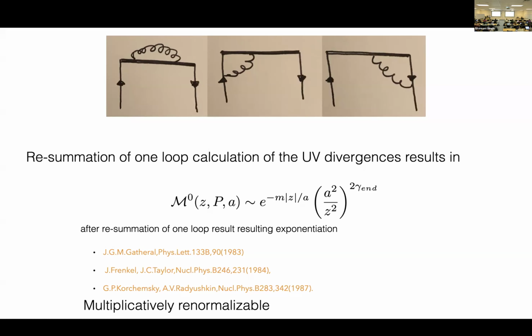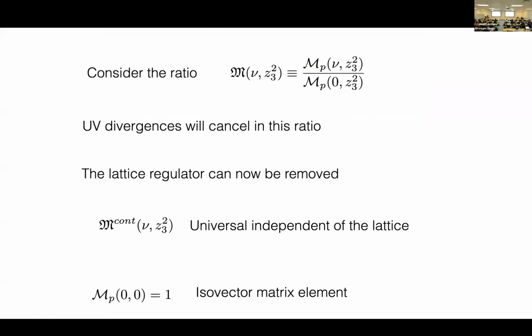The good thing is that unlike the twist 2 operators that I described before that have mixing problems, this factor here is completely multiplicative and it depends only on the value of z, the separation. And that makes it easy to eliminate it.